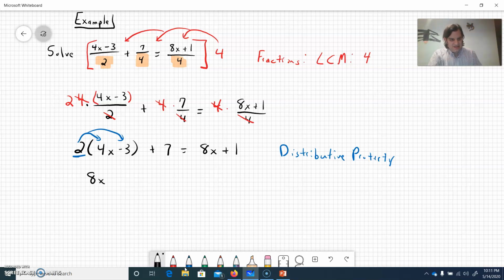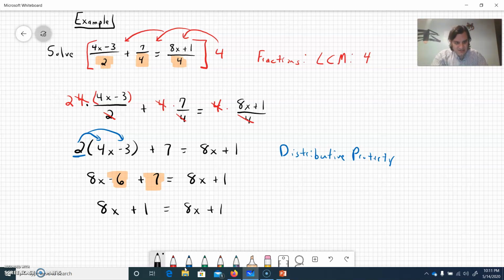So we'll have 8x minus 6 plus 7 equals 8x plus 1. Let's combine like terms on the left-hand side, which are the negative 6 and the 7. If we do that, we'll have 8x plus 1 equals 8x plus 1.